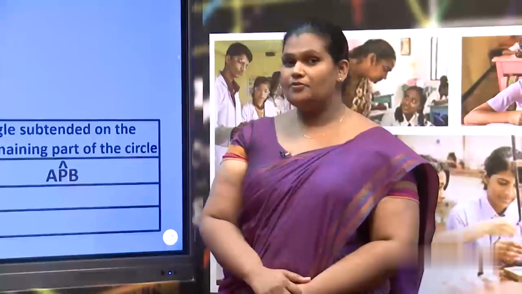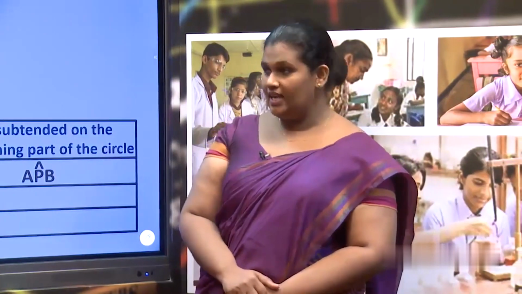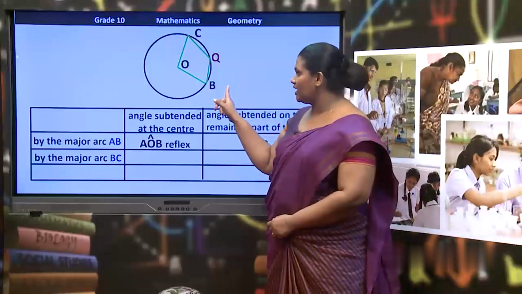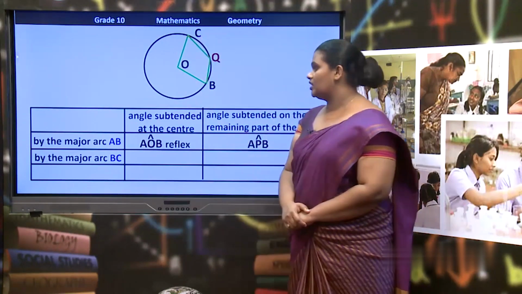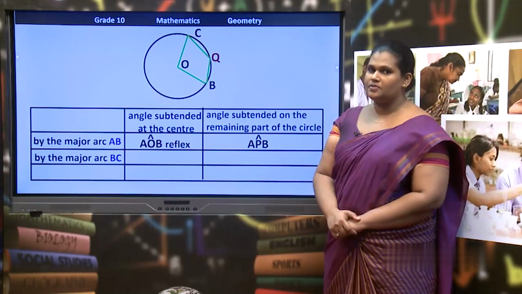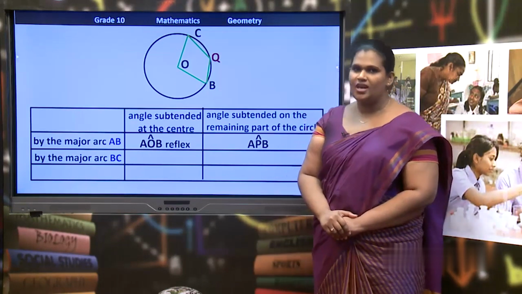Right. Now, here first of all we have to consider about the major arc BC. So, here I have mentioned the major arc BC, and now we have to think about the angle subtended at the center of the circle by this major arc.